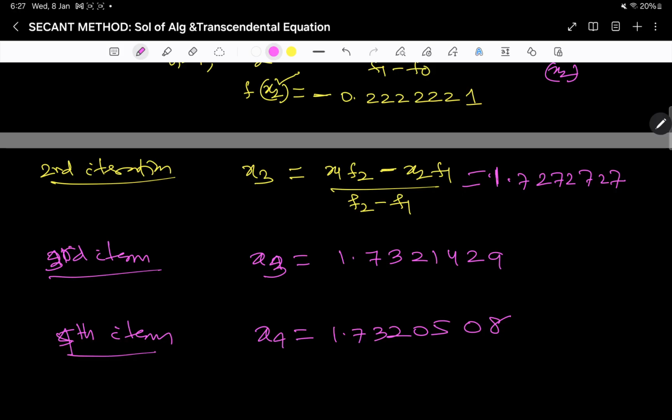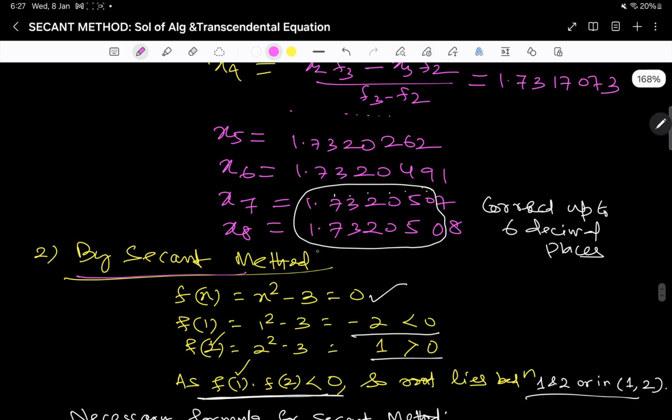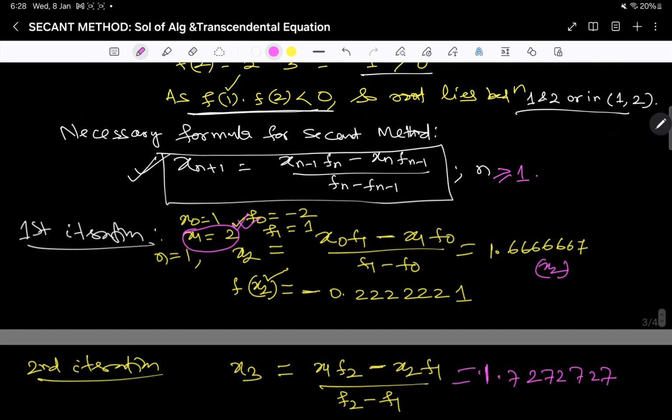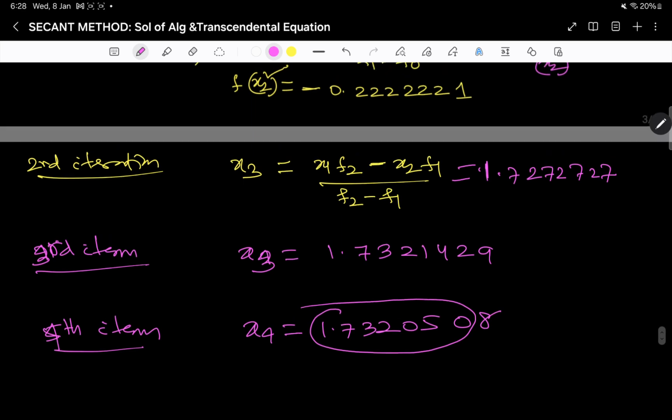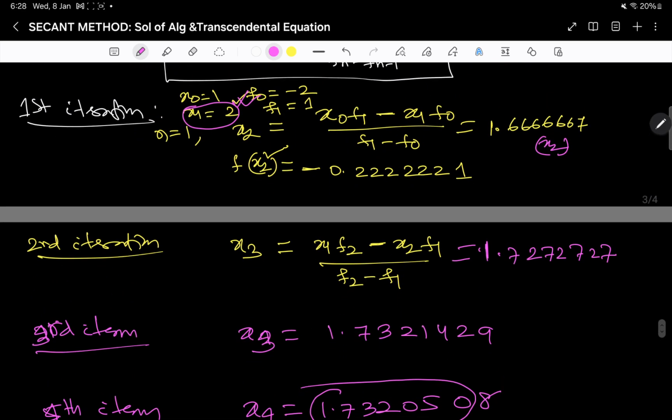You see now at this fourth iteration we get the desired accuracy, which we got in the 8th iteration in the earlier case. But in the 4th iteration we get it. Clear? So this is your second method.